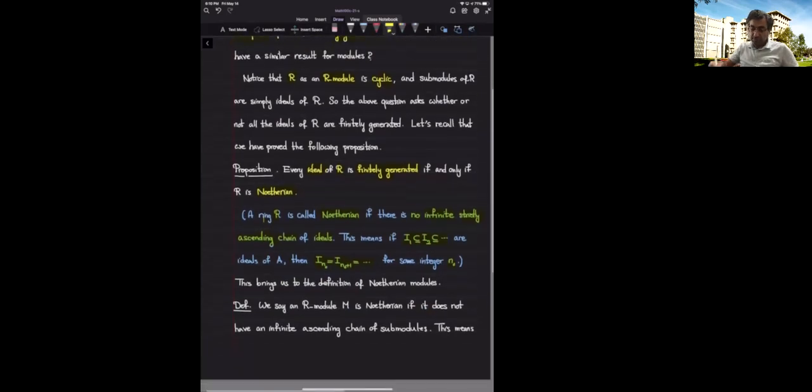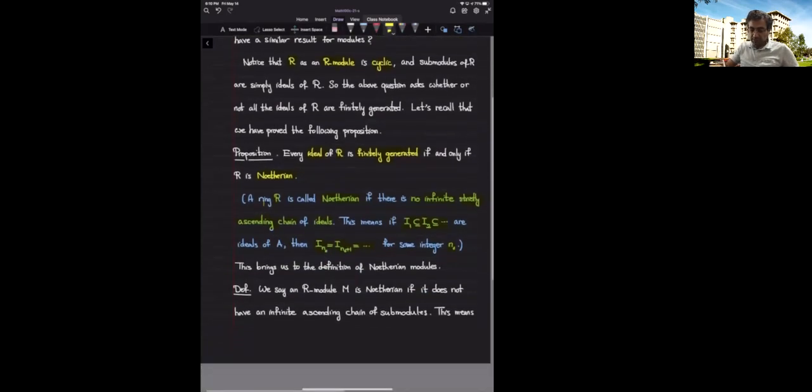And we have shown this important proposition that a ring is Noetherian precisely when every ideal of R is finitely generated. So this result gives us at least another interpretation of when all the ideals of R are finitely generated. Now, this brings us to the definition of Noetherian modules.